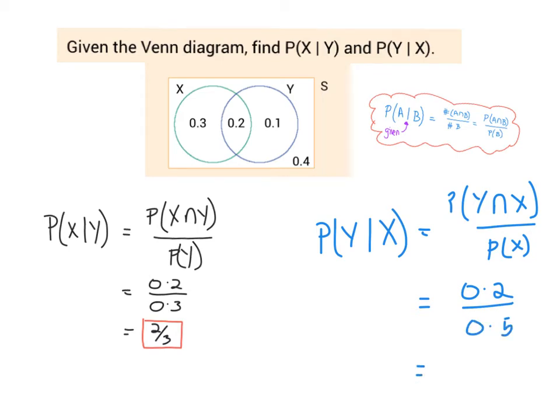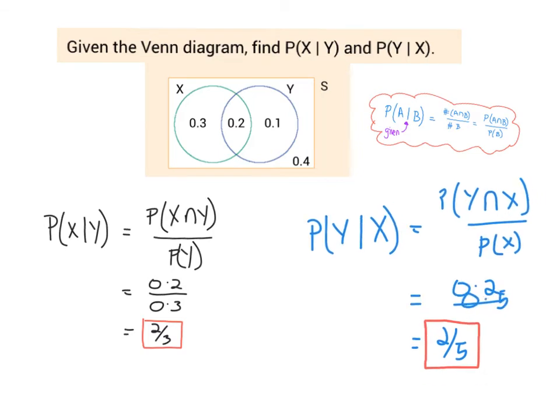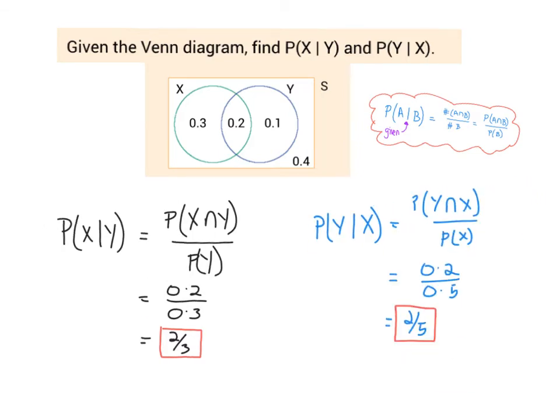Multiply top and bottom by 10 to get rid of our decimals, and that gives us 2/5. So here we can see very clearly, just like we said before, that one condition does not necessarily equal the other condition, the chances of it happening. They could be equal, but they don't necessarily.